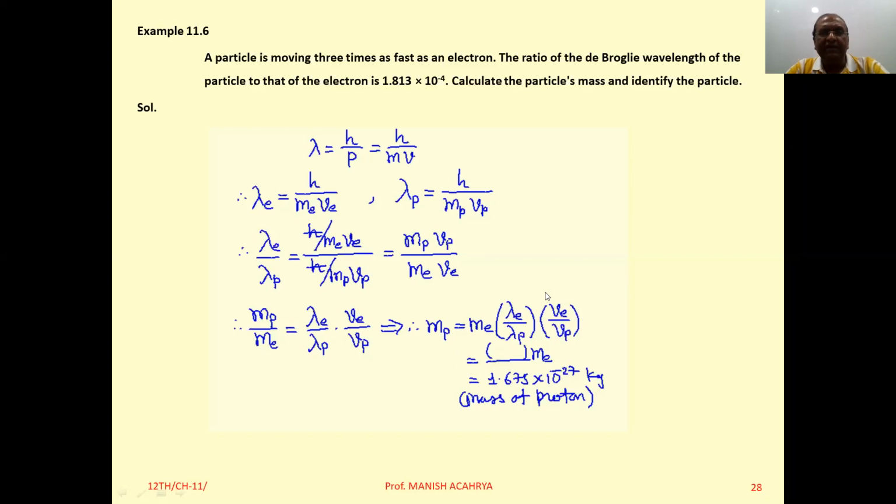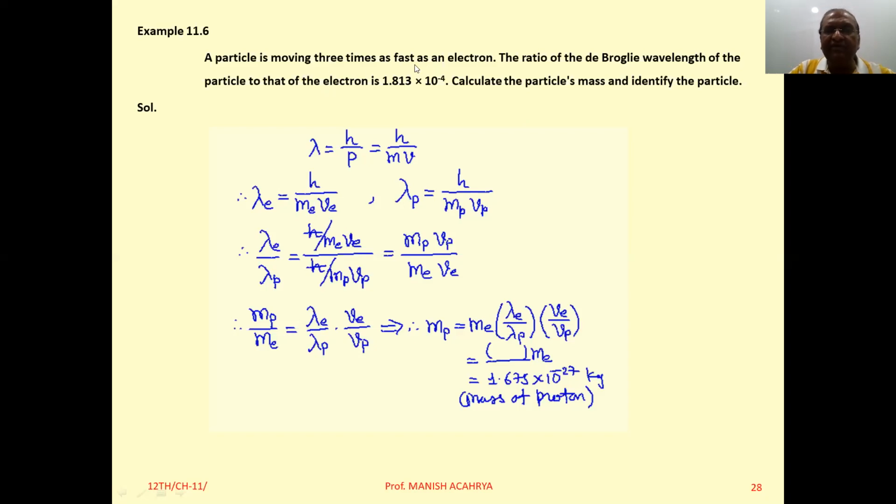Now here, the ratio of the de Broglie wavelength of the particle to that of the electron is given, and in the equation it appears as λe by λp. So substitute this as 1 upon 1.813 × 10^-4.